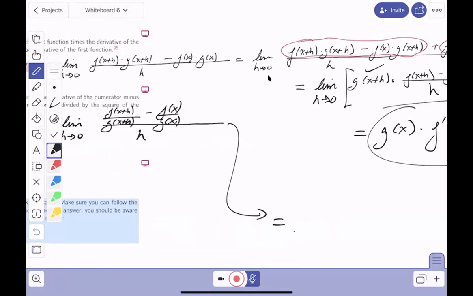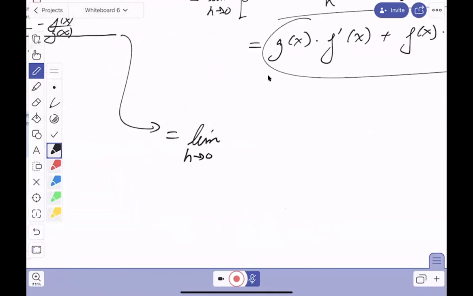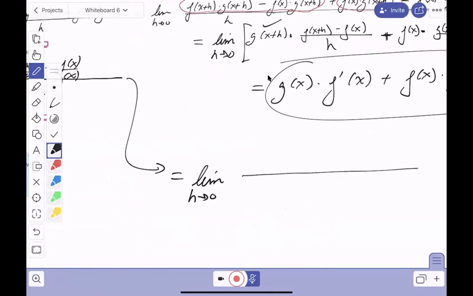Equals the limit as h goes to 0. I can multiply both top and bottom by the LCD, and you're going to get h times... this should be deja vu all over again. Sorry about that, I made a mistake there already.